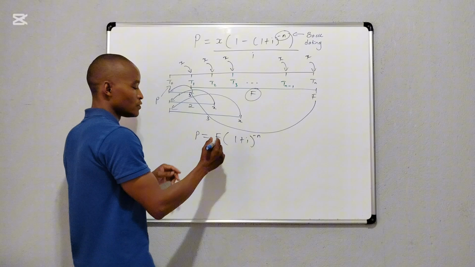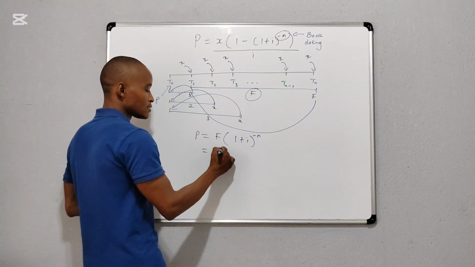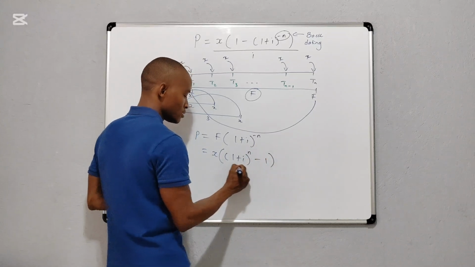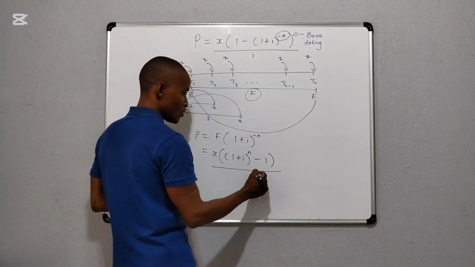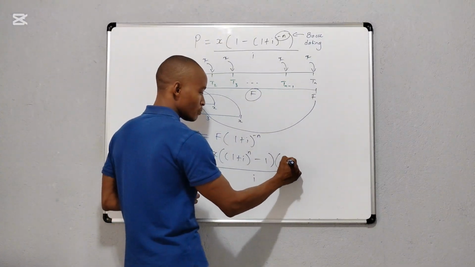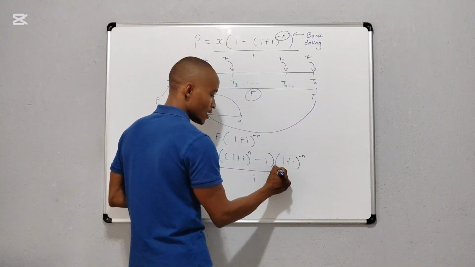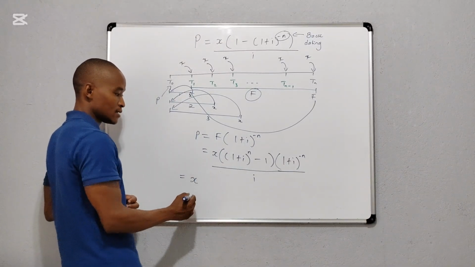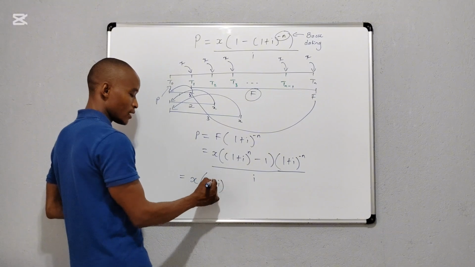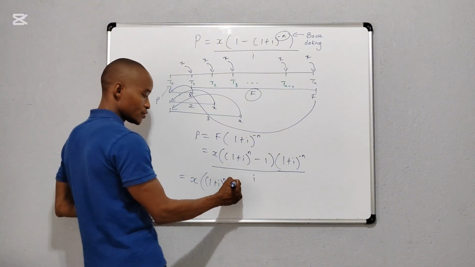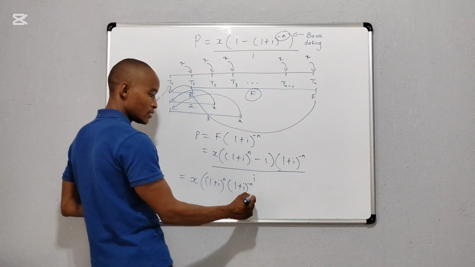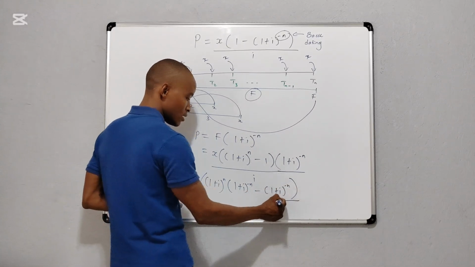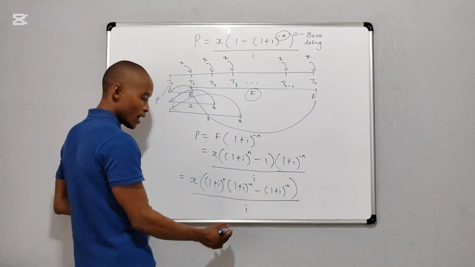We know the formula for the future value now. It is X into (1 plus i to the power n minus 1) over i, and we're multiplying this by (1 plus i) to the power negative n. What will then happen is we can end up with X times (1 plus i) to the power of n times (1 plus i) to the power negative n, minus (1 plus i) to the power negative n, over i.